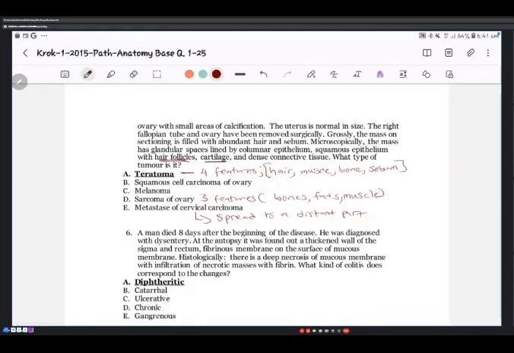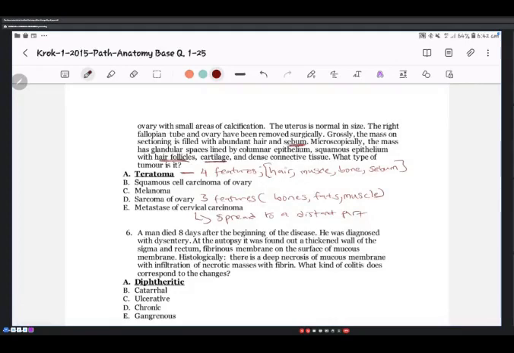Then the sebum is here. What's left? Muscle. Yeah, we have muscle left. Squamous epithelium, muscle, dense connective tissue. This is dense connective tissue.